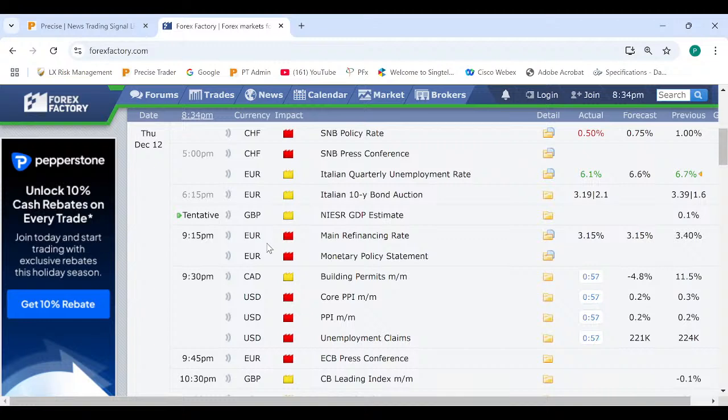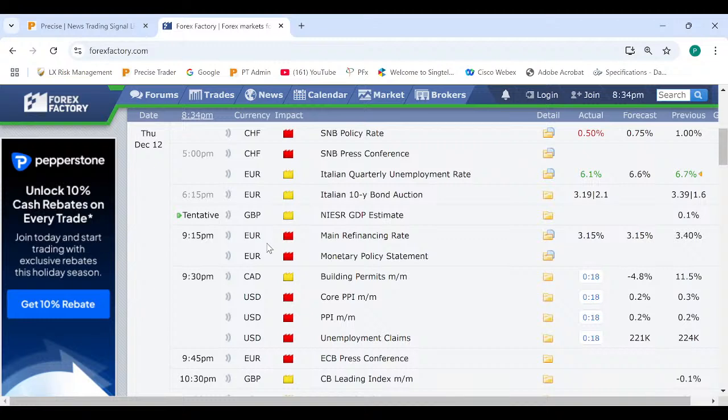I repeat, for those people who are coming in late, we are still dollar bulls. That means we expect the dollar strength to continue irrespective of the data that comes out. If it's soft data, we might just get a spike in the opposite direction, and eventually this market should turn in the direction of the dollar bulls. Which means gold bearish, dollar yen bullish, euro bearish, pound dollar bearish, and dollar Swiss bullish.